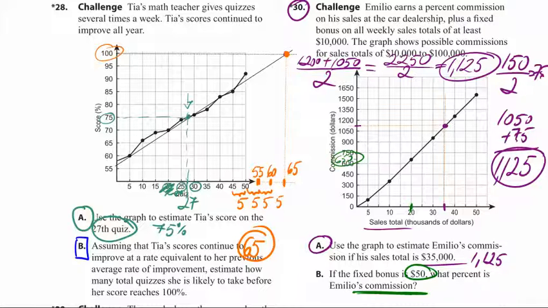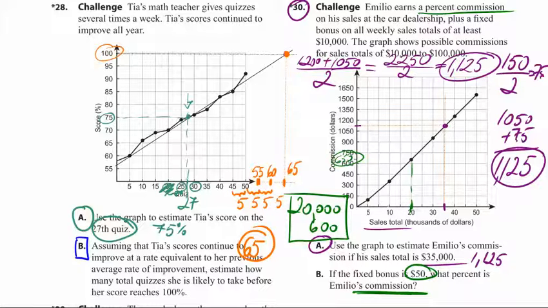So basically, Emilio earns a percent commission for the $20,000, right? Of what? Of $600. Okay. So for 20,000, he gets $600.